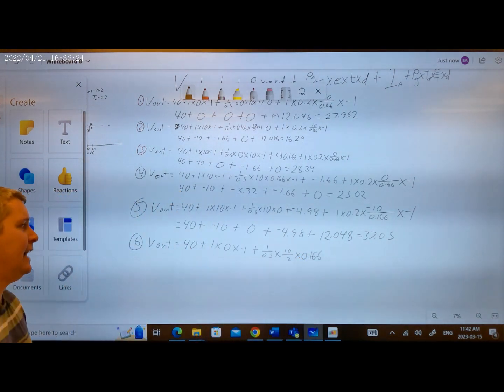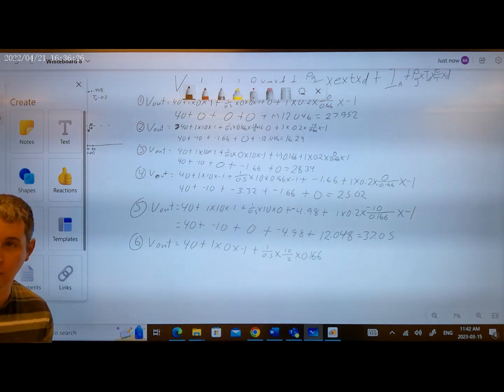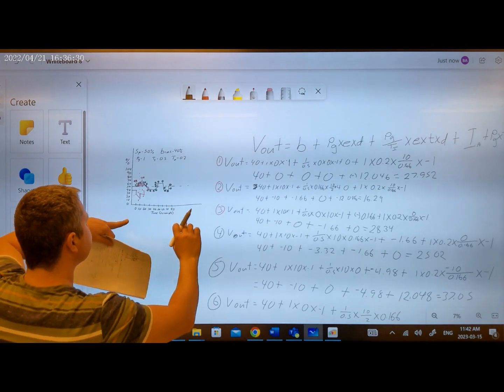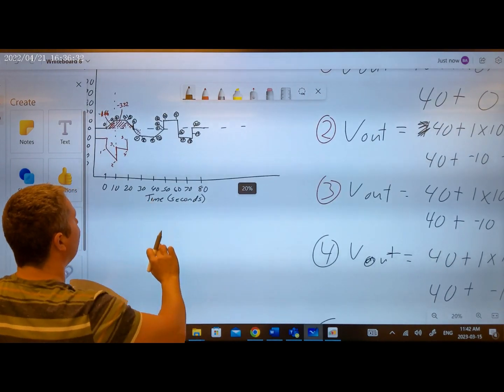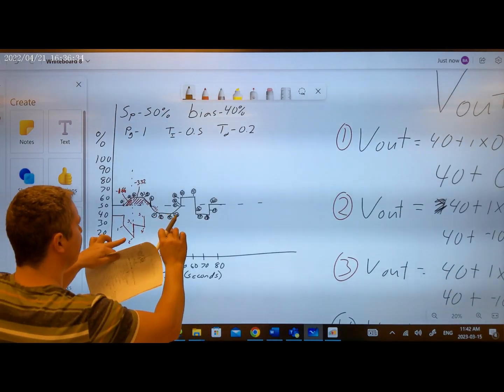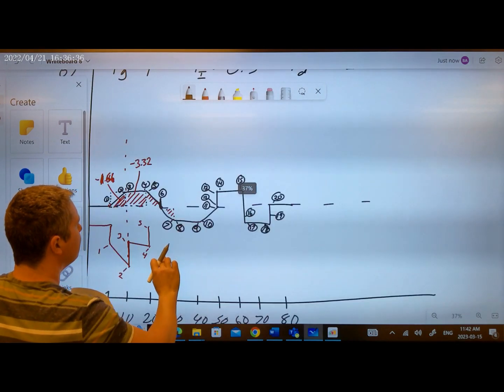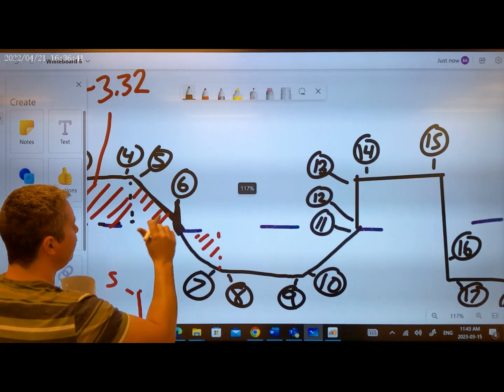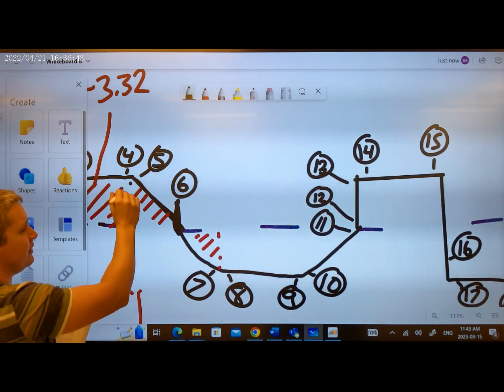Now, why did that happen? I said that the error was 0. But remember, when we're doing integral, integral is over time. So again, we still have to calculate out this amount of integral.